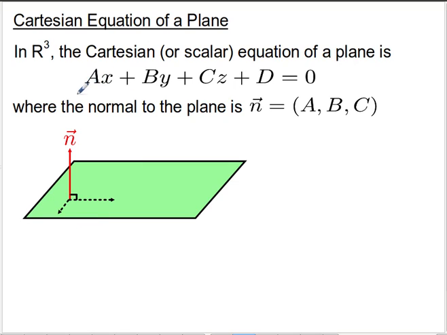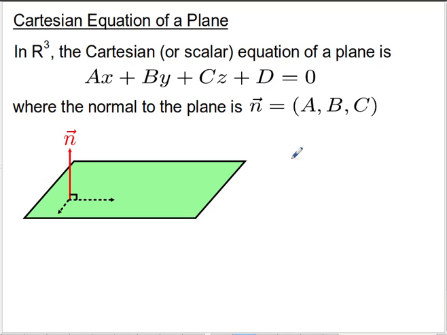Whenever we write the Cartesian, which is sometimes called the scalar equation of a plane, you have to write it in this form. Ax plus by plus cz, those make up your normal vector components. And then the constant d defines the other properties of the plane. And as we saw before, that d actually represents information about your initial position vector for the initial point that you're starting with on the plane.